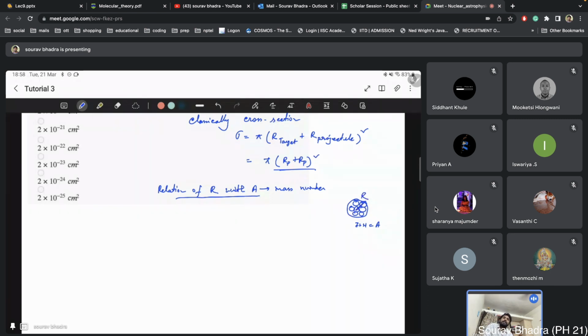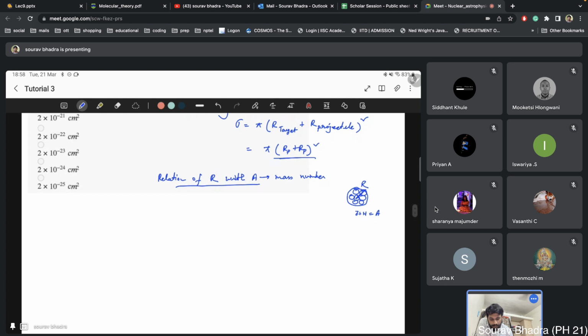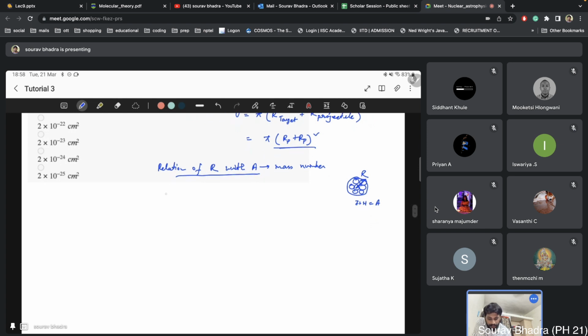How is the radius of this nucleus related to the mass number A? It is very trivial that the volume of the nucleus is proportional to the mass number.